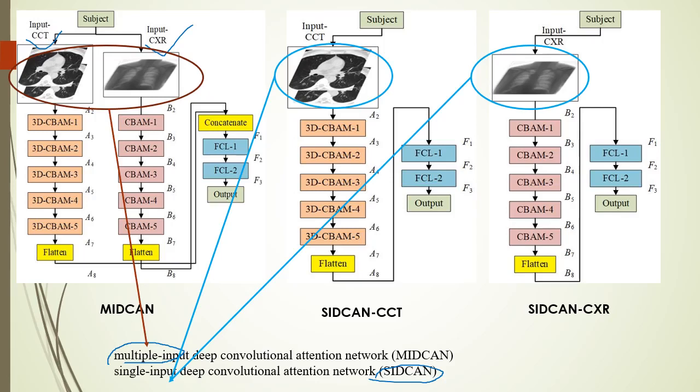So this is the MIDCAN, the multi-input. On the other side, we have the SIDCAN, which uses only the chest CT, and another SIDCAN that uses only the chest X-ray. We will carry out some experiments to check whether the fusion of chest CT and chest X-ray can achieve better performance than using those imaging modalities individually.